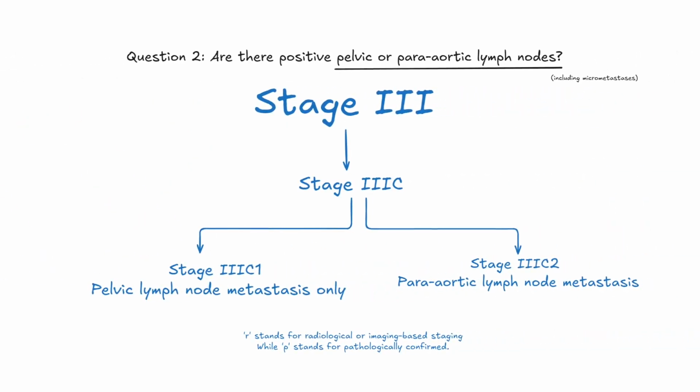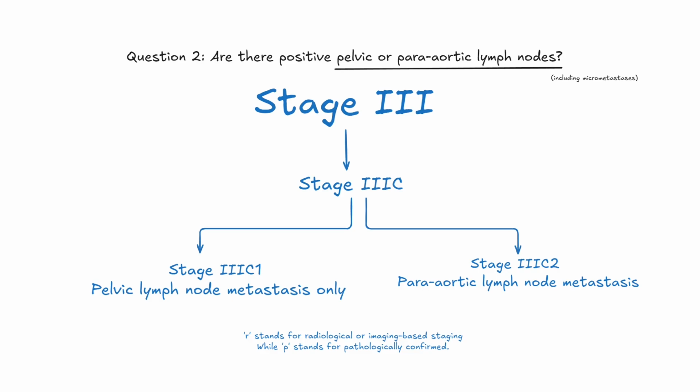Question 2. Are there positive pelvic or periaortic lymph nodes? This is your second filter. The 2018 revision made lymph node involvement a game changer. If nodes are positive, you're in stage 3C territory regardless of tumor size or local extent. And this includes 2 substages, stage 3C1, which means spread to pelvic lymph nodes only, and stage 3C2, which means periaortic nodes are involved.